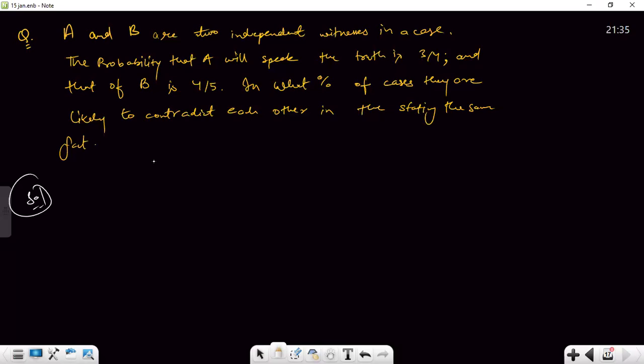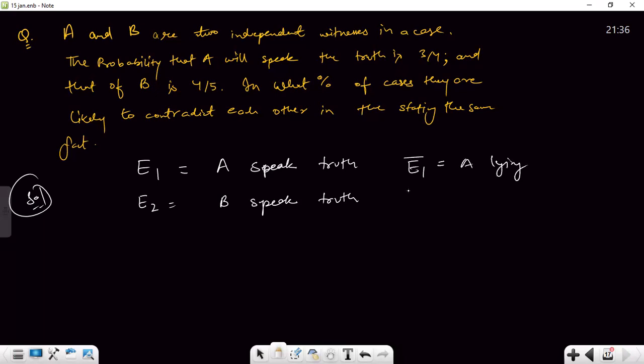So let us consider the event of A saying the truth as E1. Event E1 represents A speaking the truth. Event E2 represents B speaking the truth. And E1 bar represents A lying, and E2 bar represents B lying.